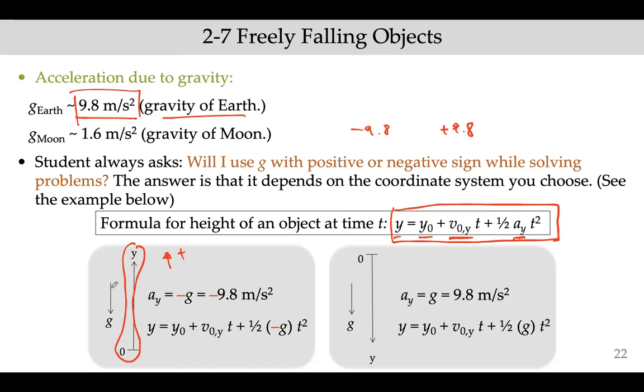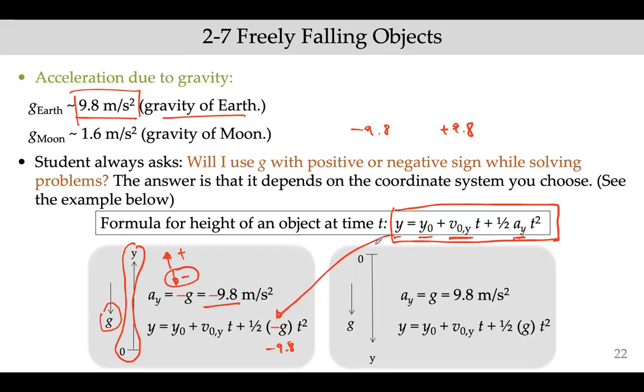Because the gravity is in the down direction, if up is positive, then down is negative. If you define the down direction to be negative, then you are going to use negative 9.8 in this equation.